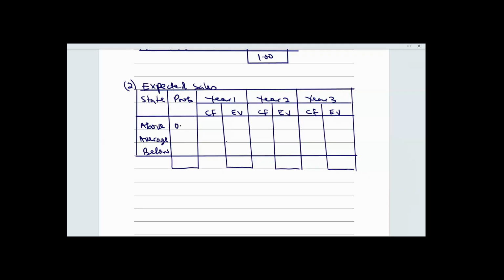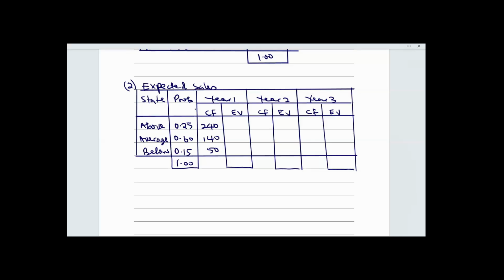Here is 0.25, 0.60, 0.15. Give me the cash flow for year 1 at each state of nature. What's the cash flow of year 1? 240, 140, 50.